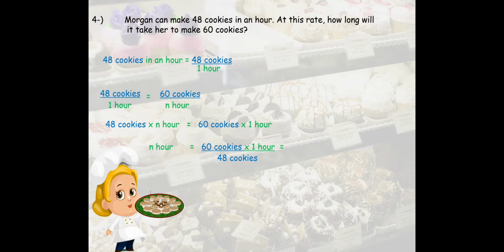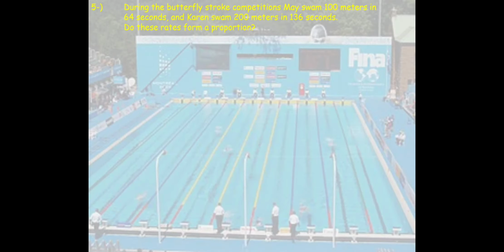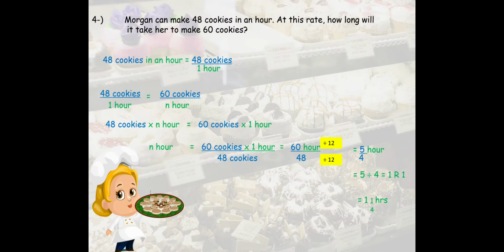If you notice here, cookies will cross out each other, and so we'll have 60 divided by 48, which will give me 5/4 of an hour. And if we divide it, we'll get 1¼ hours. Therefore, Morgan took 1¼ hours to make 60 cookies.